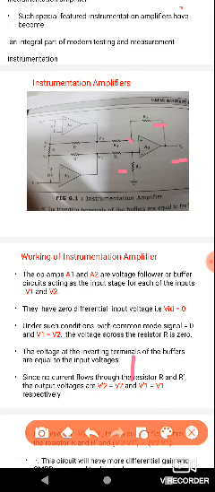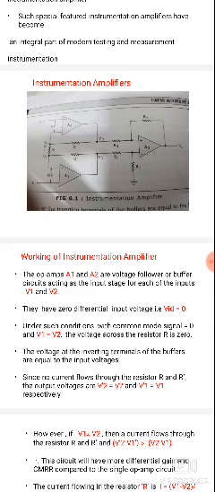Working function of the instrumentation amplifier. The op amps A1 and A2 are voltage followers, also called buffer circuits. They act as the input stages for each of the inputs, V1 and V2.